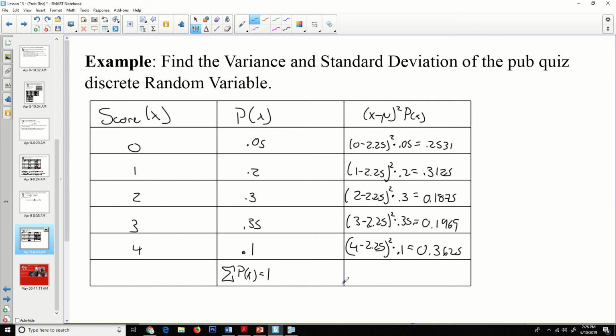And so the variance, sigma squared, is equal to the sum of these deviations, x minus the mean squared times the probability of x. And so if I add all of these values up here, I get 1.0875.